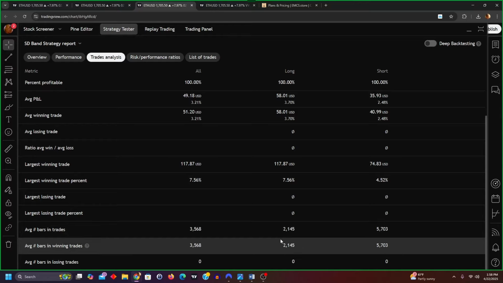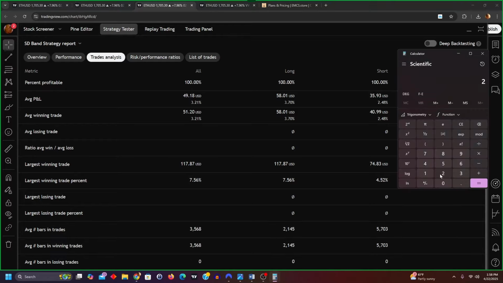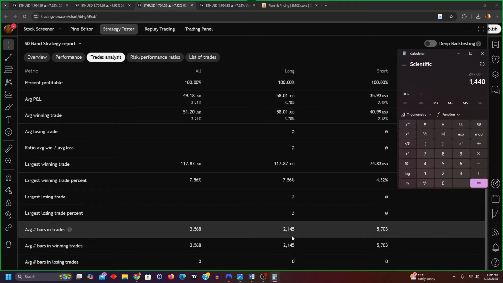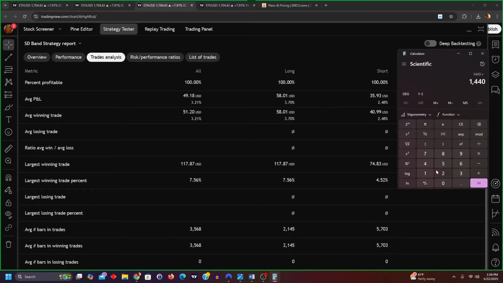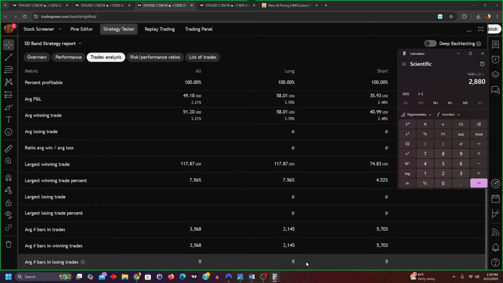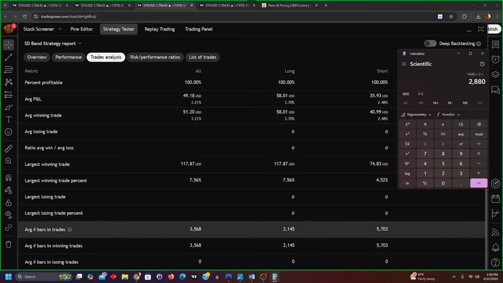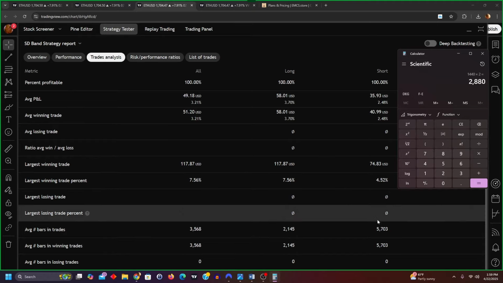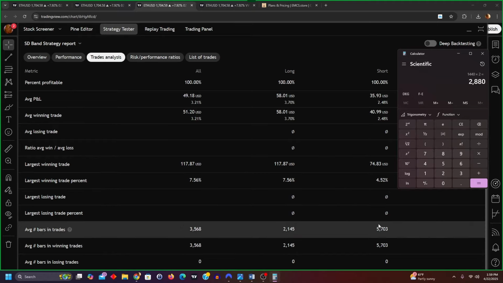divide by 2 for minutes, and so 24 times 60, that's 1,440 minutes in a day, so times 2 for the 30-second chart. So you can see currently it's been performing on the short side.